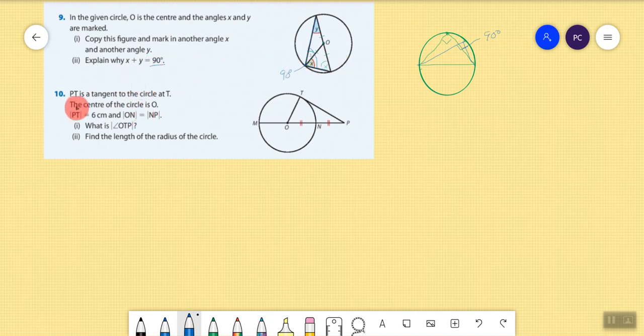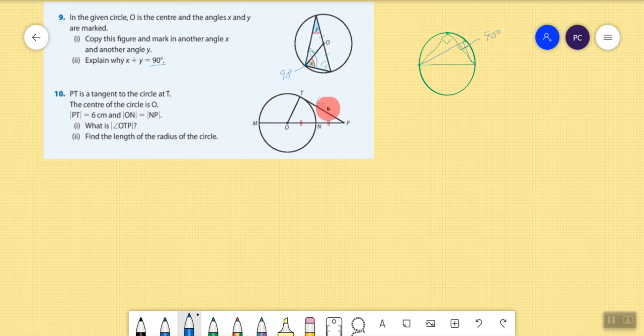So let's look at this then. Question 10. PT is a tangent to the circle at T. So if it's a tangent, that means it's a line that touches the circle at one point, that point there. The center of the circle is O. PT is 6 centimeters, so P to T is 6 centimeters.